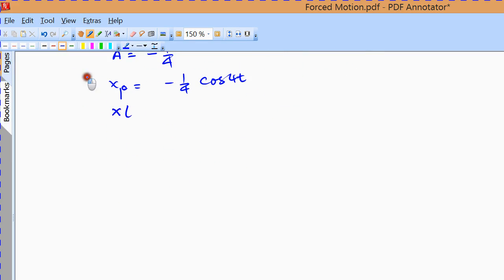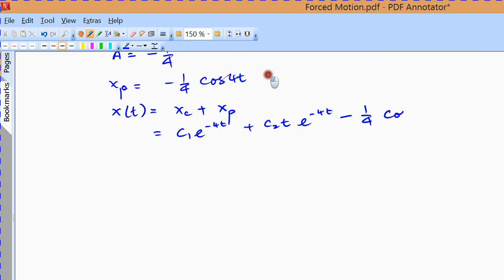And when we put this together, we get x(t) is xc plus xp: c1 e to the power minus 4t plus c2 t e to the power minus 4t plus minus 1 over 4 cos 4t. Now the initial conditions are x(0) equals 0 and x prime (0) is equal to 0.